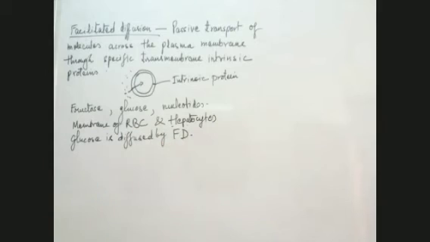So this is one site where facilitated diffusion has been observed, when the glucose diffuses inside the RBC from outside or into the liver cells from outside. So this is what about the facilitated diffusion. Now we come on to the next topic, which is active transport.